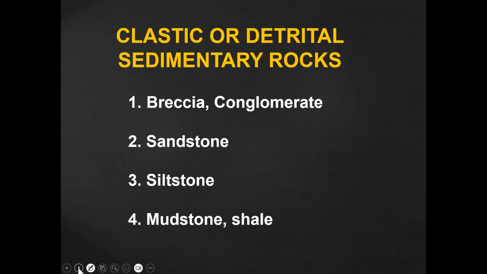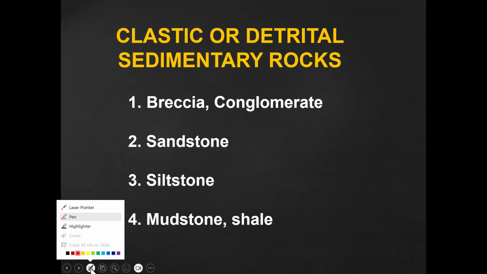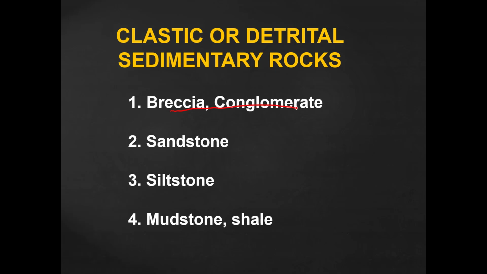So we're going to start with the clastic or detrital sedimentary rocks. Remember, we classify by the grain size, and we're going to talk about the breccia and conglomerate, where the grain size is larger than 2 millimeter. Then we continue with the sandstone, where it's 2 millimeter to 0.063 millimeter.